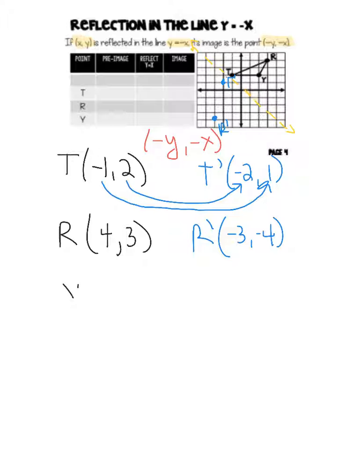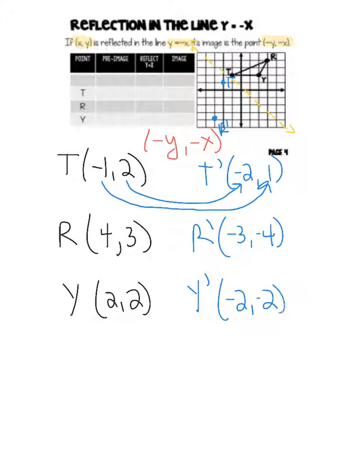And lastly, point Y, which is at (2, 2), transforms to be point Y prime at (-2, -2). And there's our triangle.